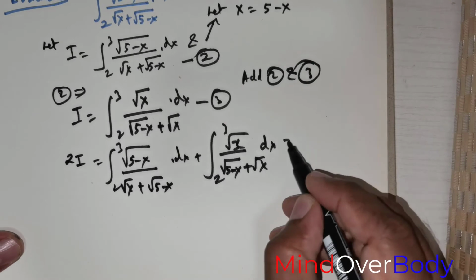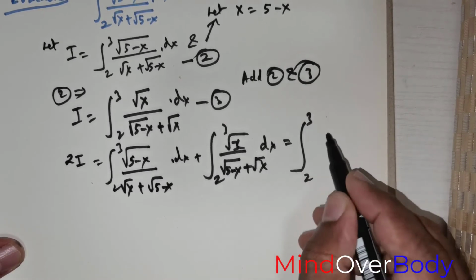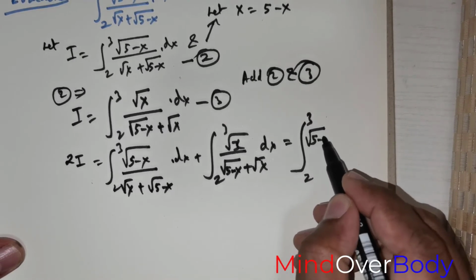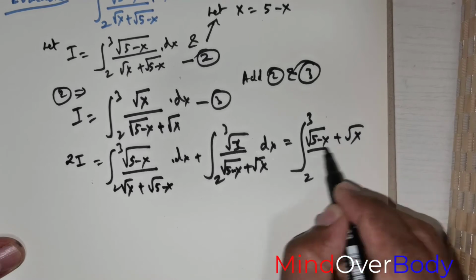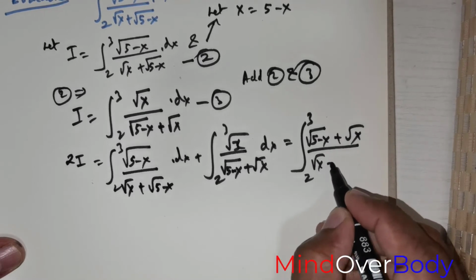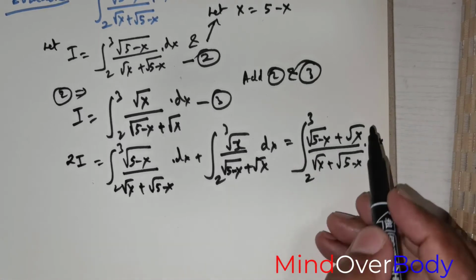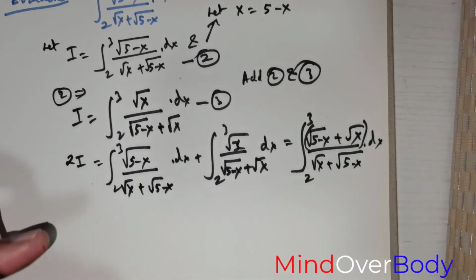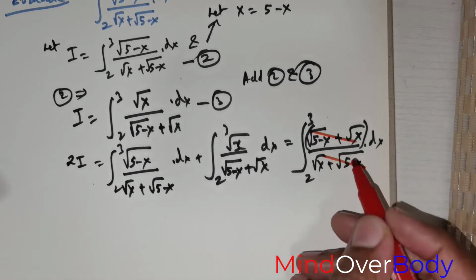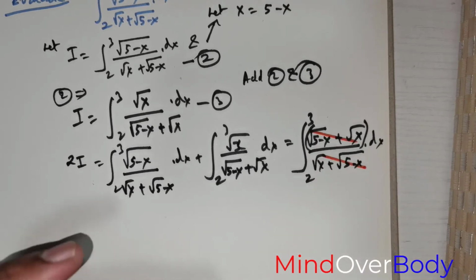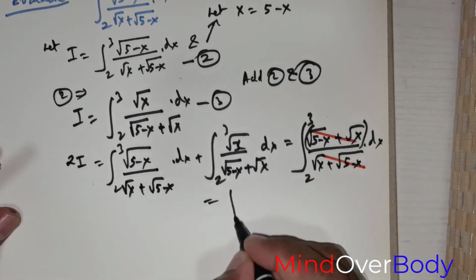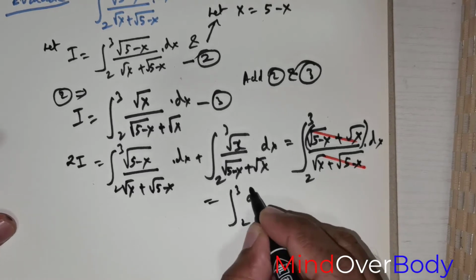The denominators are the same, so this can be rewritten as the integral from 2 to 3 of root of (5 minus x) plus root of x divided by root of x plus root of (5 minus x) times dx. So clearly I can cancel the numerator with the denominator, and that would give me the integral from 2 to 3 of dx.